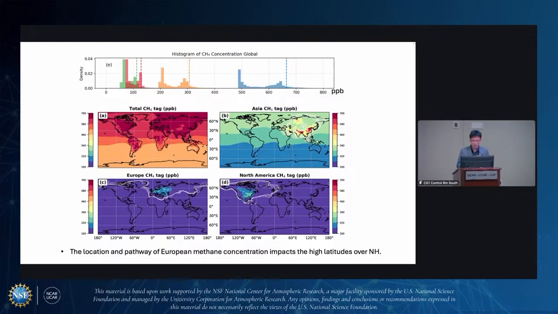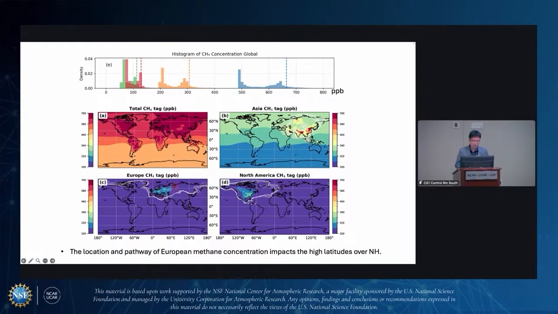So first, in this figure, we plotted the distribution of all the tags, and we marked the 90th percentile for each tag. And in the panels down here, we plot the 90th percentile value with the white line. For example, in panel C, this is the 90th percentile value in this white line, and the values higher than that are within this region.